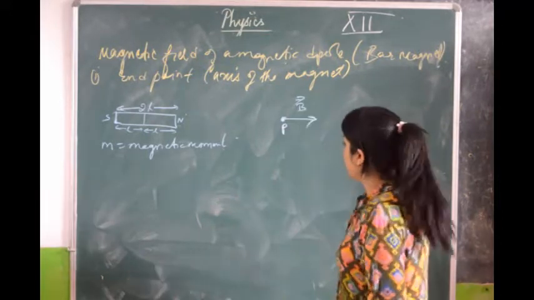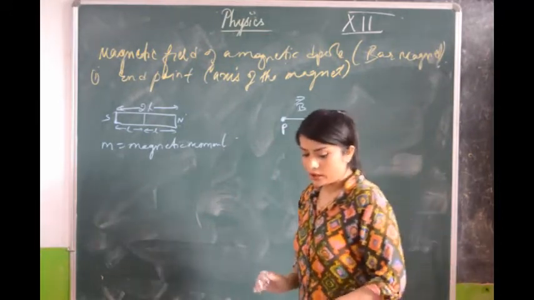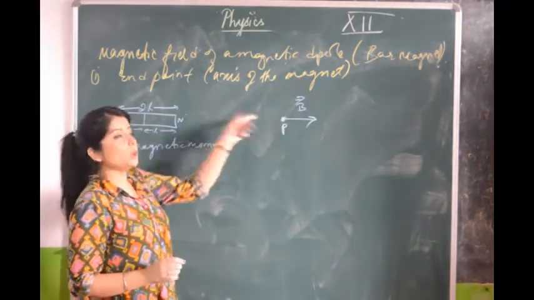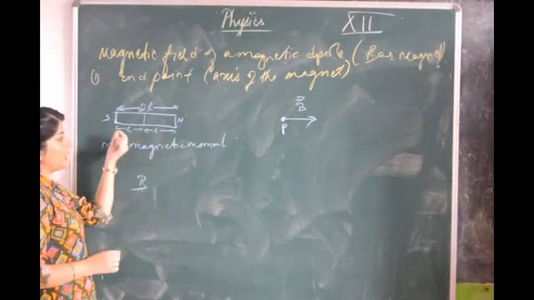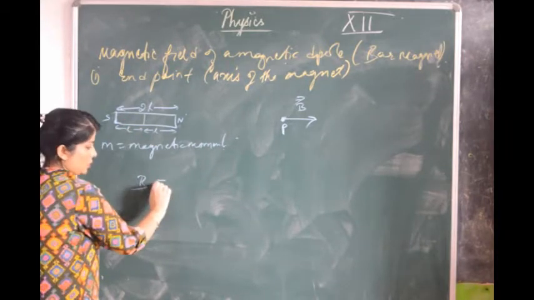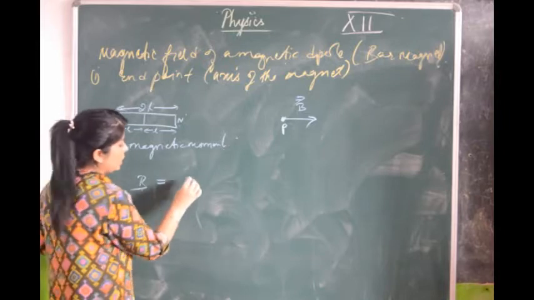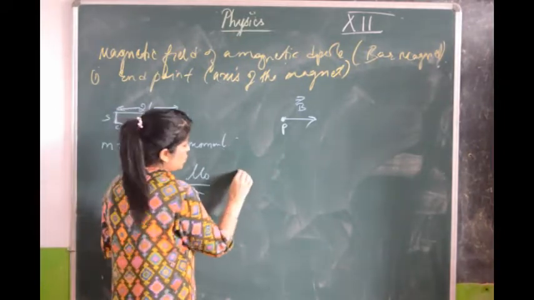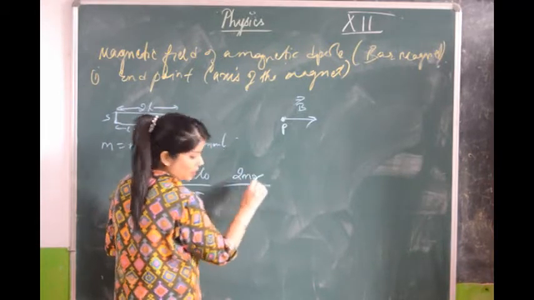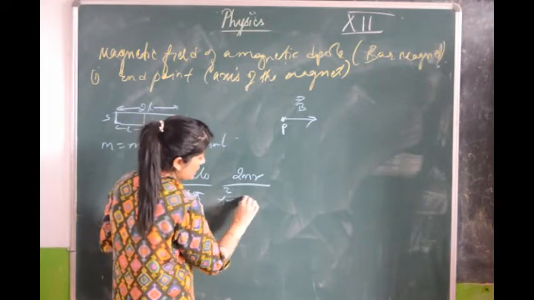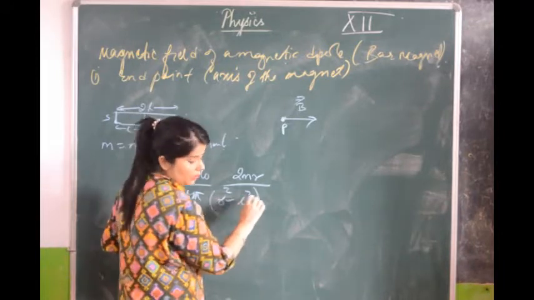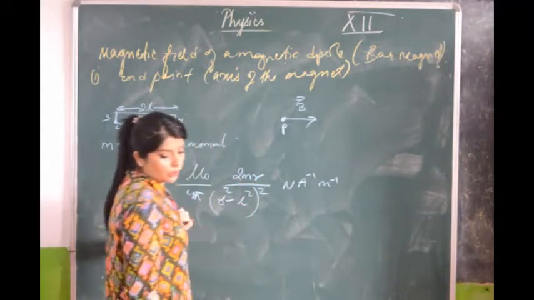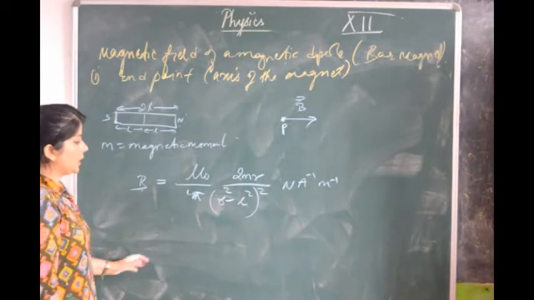Now the equation of the magnetic field, no derivation, just the equation: the magnetic field at this point P due to the bar magnet having length twice L is equal to mu naught by 4 pi, twice M r divided by (r square minus L square) whole square, Newton per ampere meter. This is the equation.